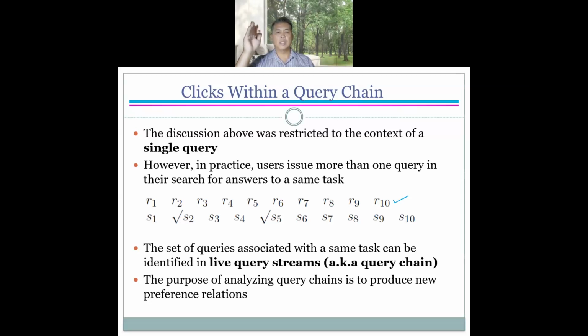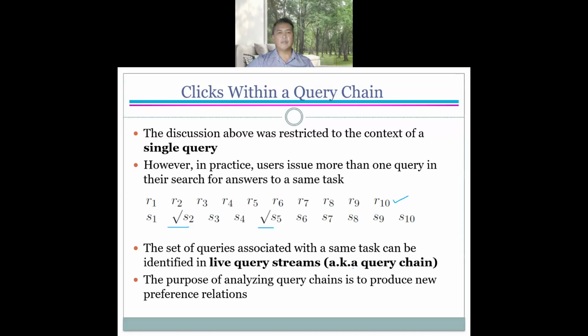So we skip, then we change the query, and once we change that, we find two of them. This is what we call the query chain. The set of queries associated with the same task can be identified in the live query stream, also known as query chain.